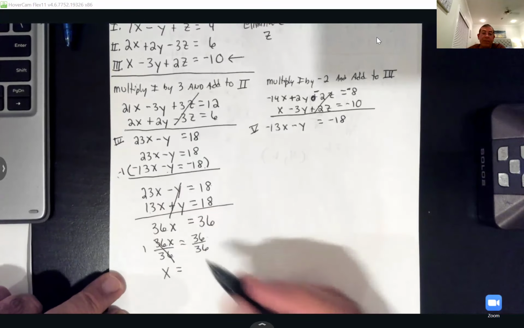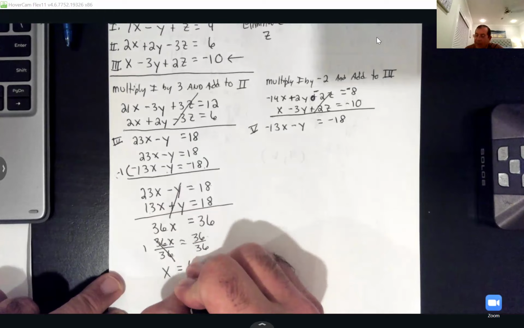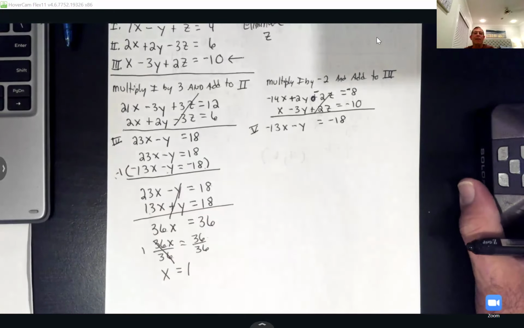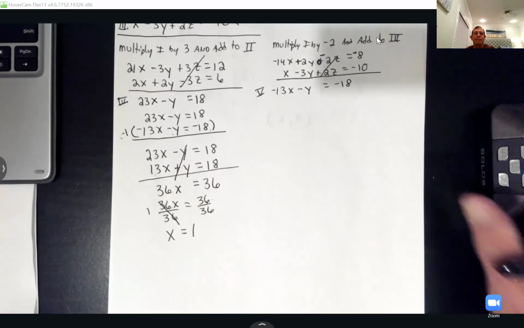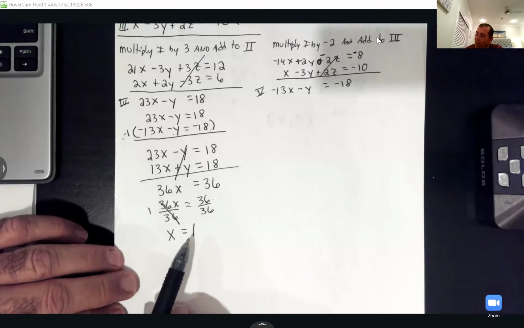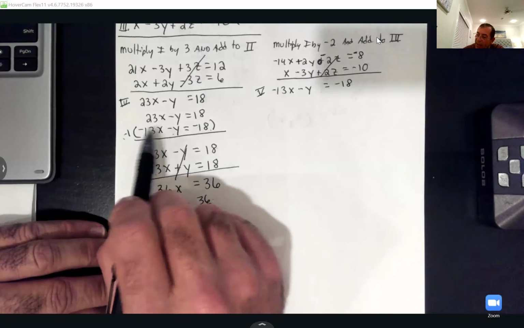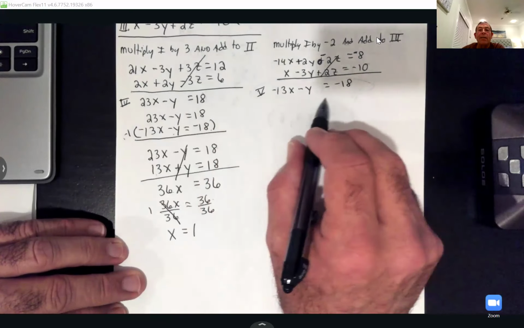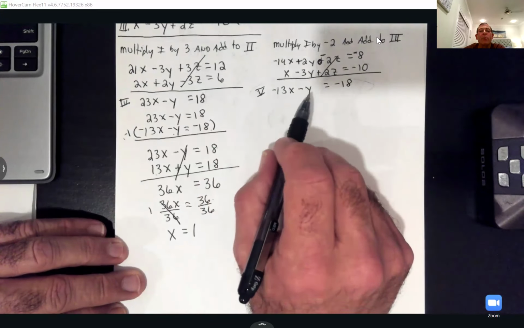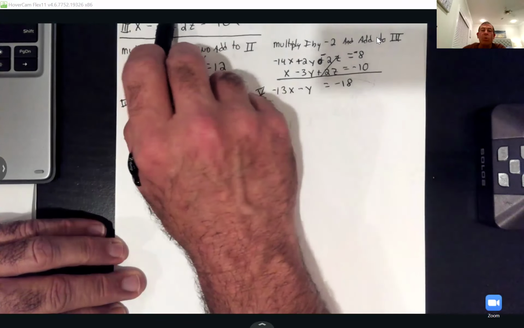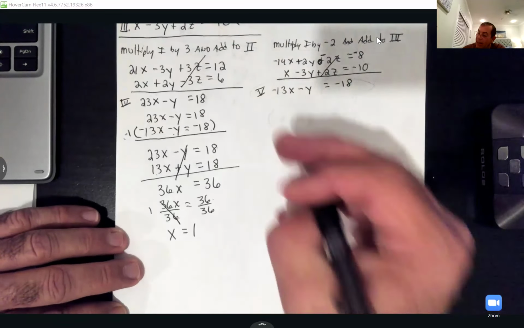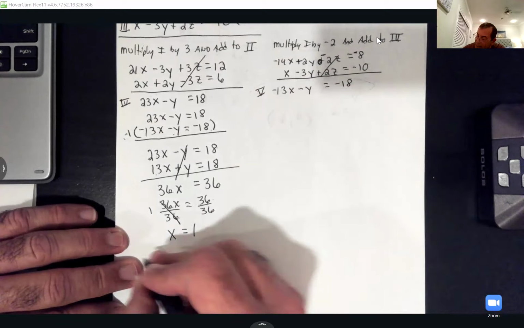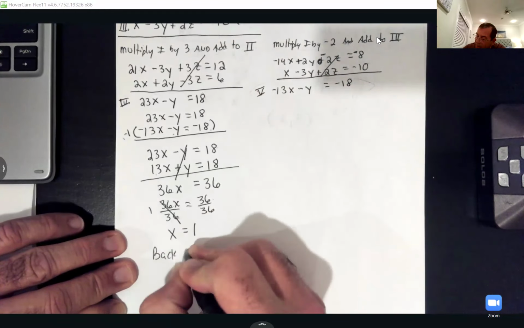And then 36 divided by 36 gives me a 1. So remember, we back substitute this x into one of these two equations that we have x's and y's in. Once we find that y, then we'll go back into one of those original 3 I had, okay? So this is now time to back substitute.